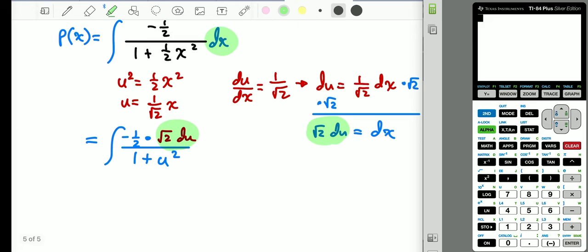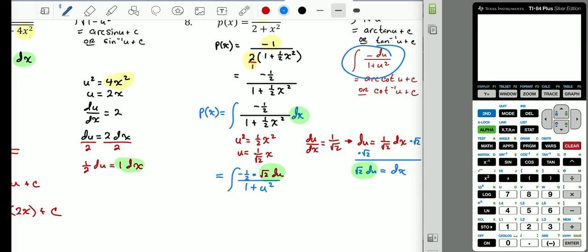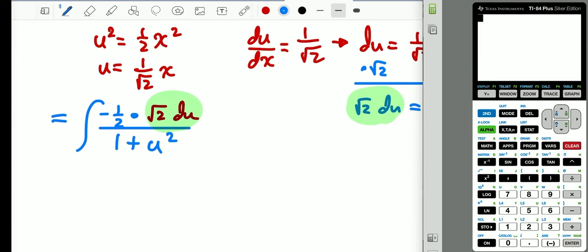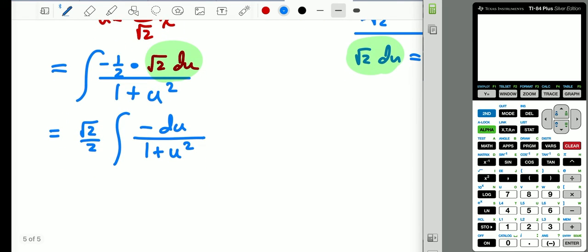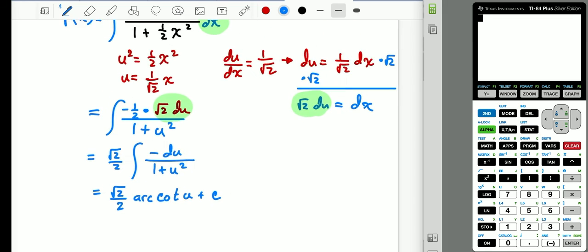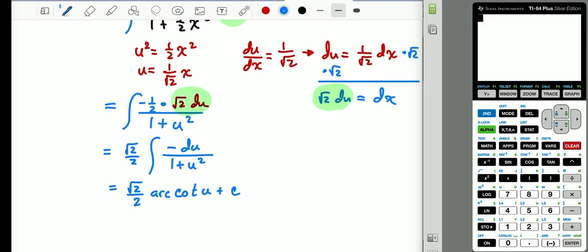All right, since I'm only looking for negative, I'll go with the cotangent just to keep things fun and interesting here. So I only need the negative du up top, you know, as per the rule. So I'm going to pull out of the integral a radical, I almost pulled out the negative, radical 2 over 2, the antiderivative of negative du over 1 plus u squared, which is the arc cotangent of u plus c, and we know that u is 1 over rad 2 x.